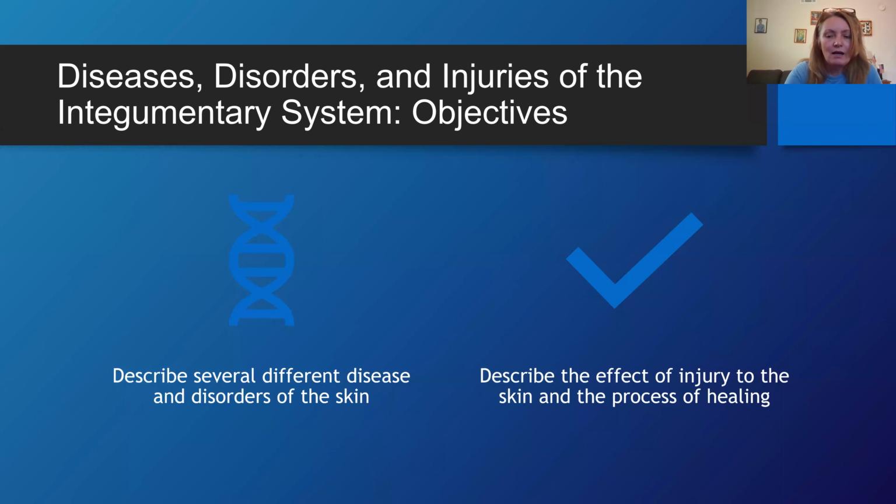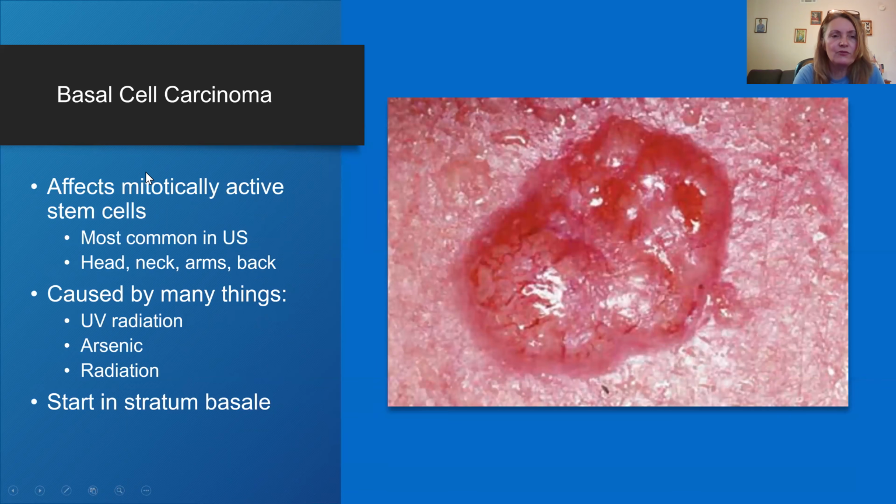Okay. And in the last part of this lecture, we will cover some disorders, diseases, and injuries of the integumentary system. So the first cancer of the skin that we cover here is called basal cell carcinoma. This is the most common type of cancer, and it's also the least dangerous.